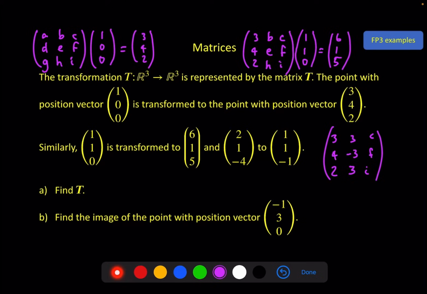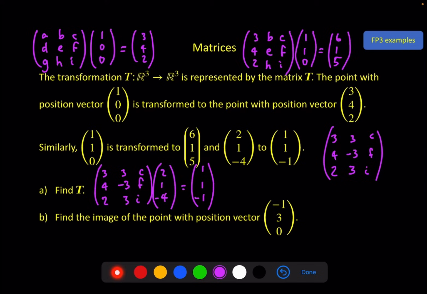You can probably see where we're going here. This is now enough information that our final point, transforming this to this, will give us the final 3 values. So we've got 3, 3, C, 4, minus 3, F, 2, 3, I, applied to the point 2, 1, minus 4, must transform that point to 1, 1, minus 1, and that's enough to make simultaneous equations.